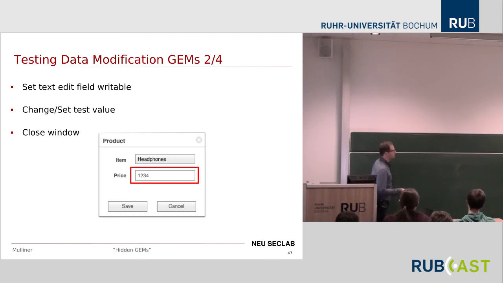How do we close the screen? Basically, we have a very simple heuristic where we look for something like save, OK, next, and try to avoid things like cancel or back. If our heuristic fails, we can still do a full iteration, just try all combinations of buttons. But we only implemented that to have it.